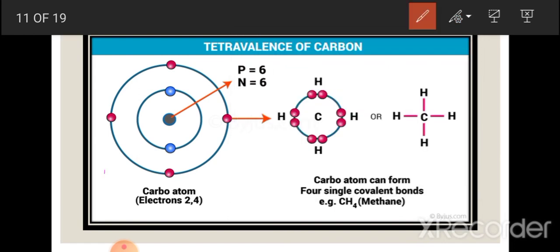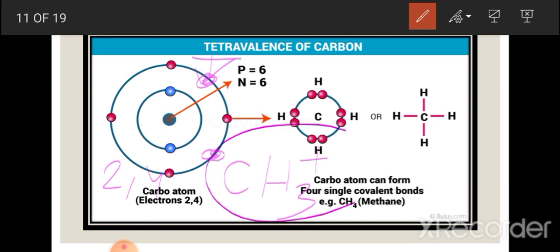When we do the configuration of carbon, it is 2 and 4. In the L shell, 4 electrons are there, so carbon is tetravalent. But for the carbocation, the valence shell will contain 6 electrons and a positive charge. This will be known as a carbocation.